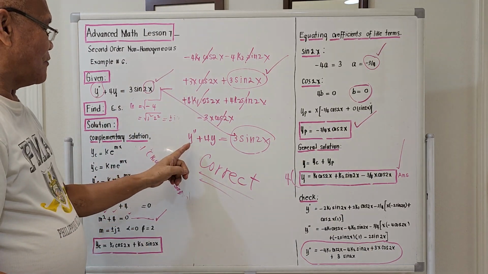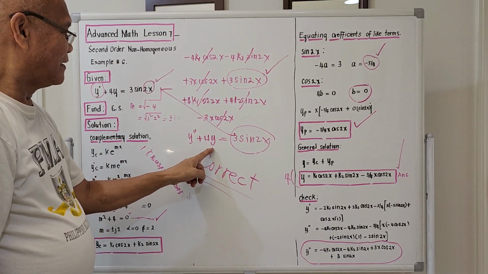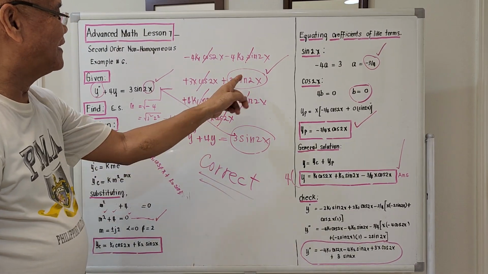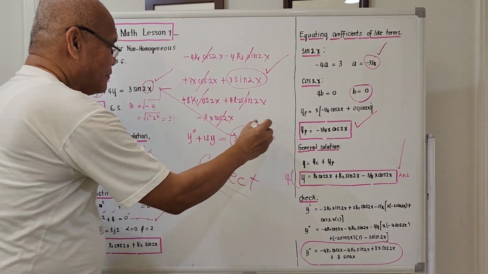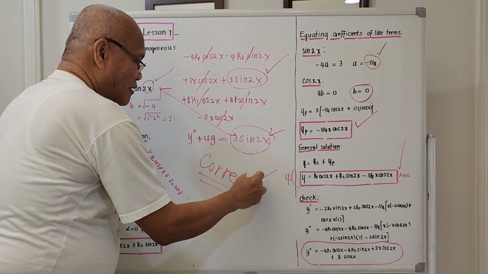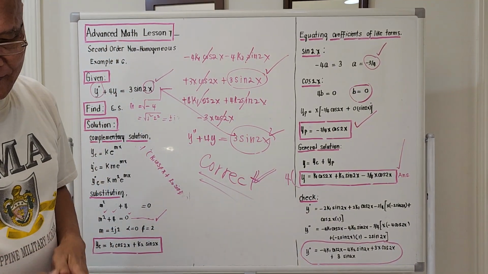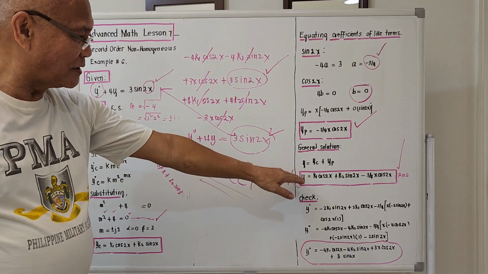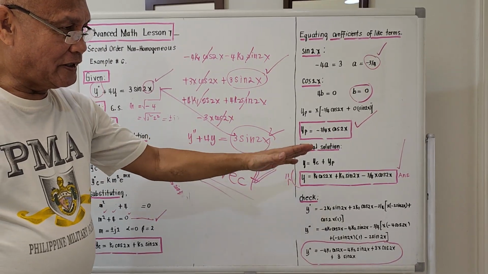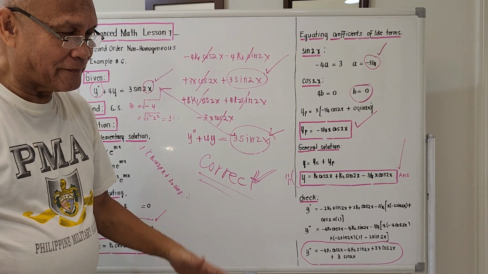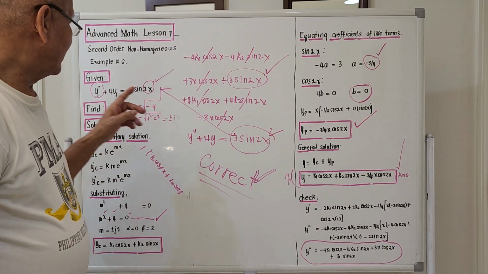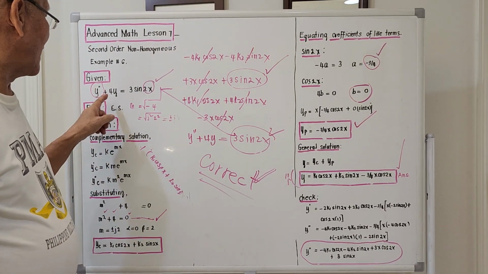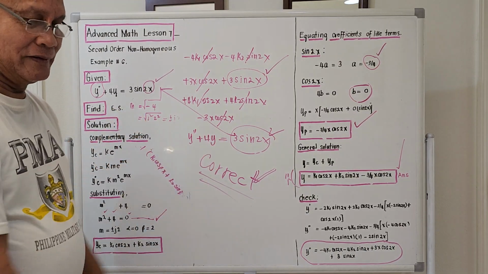So, y double prime plus 4y equal to 3 sine of 2x. So we are absolutely correct. So this is our total general solution, and it was really correct as per verification, after taking the second derivative and adding the 4y value on the left hand side.